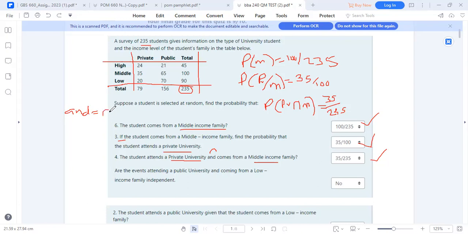intersection. When you find the word or, you use the word union. These are key terms. Logically, you may think you get the total for the middle and the total for private. That is what you would do if you're going to use the formula just to get the answer, but to simplify your thinking, just know that this is the intersection. It has both characteristics, from the middle and coming from private.